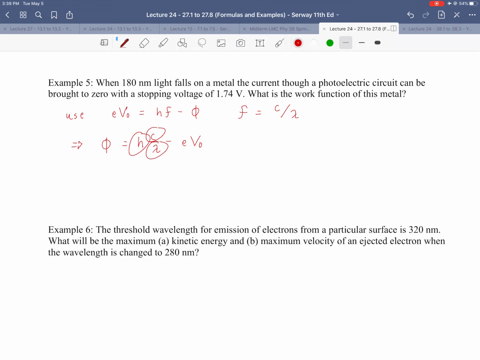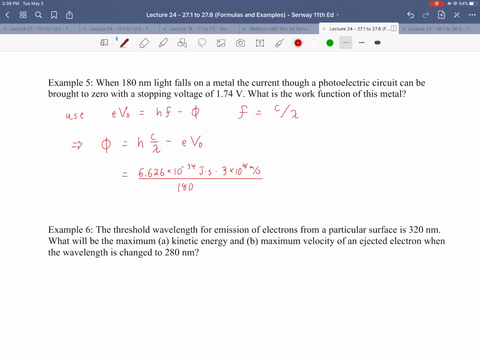So Planck's constant, speed of light, wavelength of the incident light, charge of an electron, stopping voltage. We know all those things, so let's plug them all in. We have Planck's constant, 6.626 times 10 to the negative 34 joule seconds, times the speed of light, 3 times 10 to the 8 meters per second, and then we'll divide that by the wavelength.